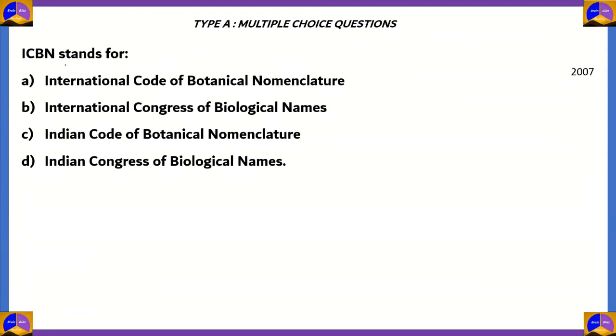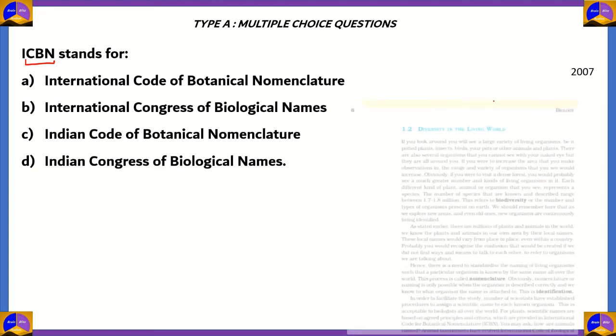Next question. ICBN stands for International Code of Botanical Nomenclature, International Congress of Biological Names, Indian Code of Botanical Nomenclature, Indian Congress of Biological Names. Which of the four expansions is correct? Let's look at our textbook.